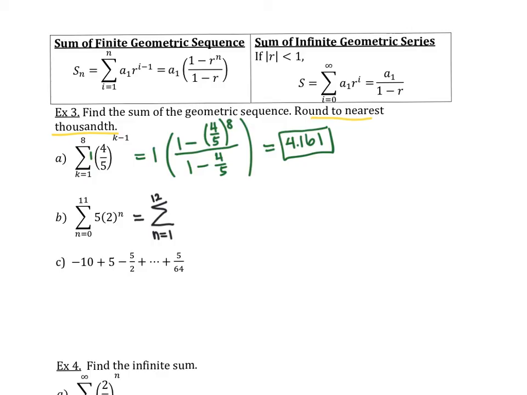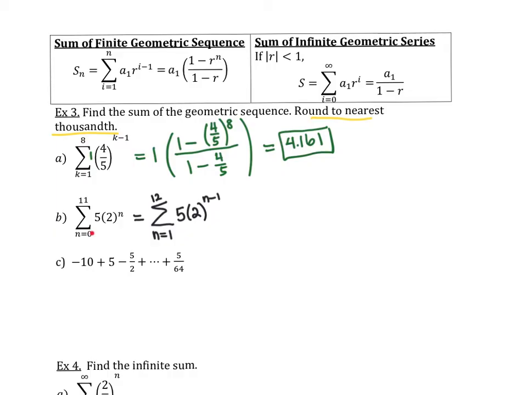Now I have to fix the formula to make this match. I'm going to keep the 5 and keep the 2. But the formula told me to plug 0 in first, so I need to put something here that makes it equivalent to 0 when I plug in a 1. So I'm going to put n minus 1. Let's make sure it matches the original summation.